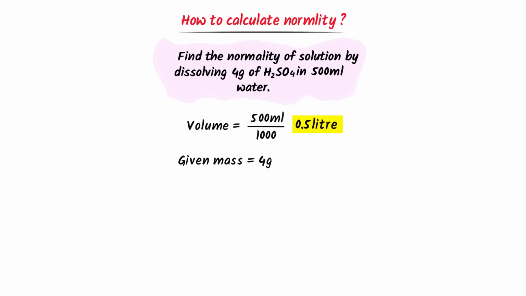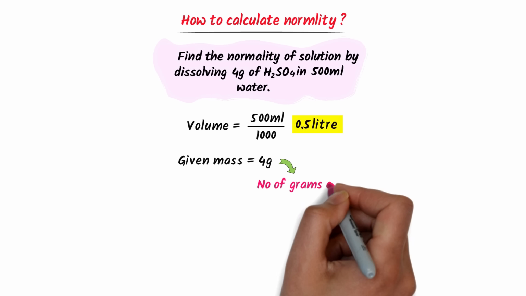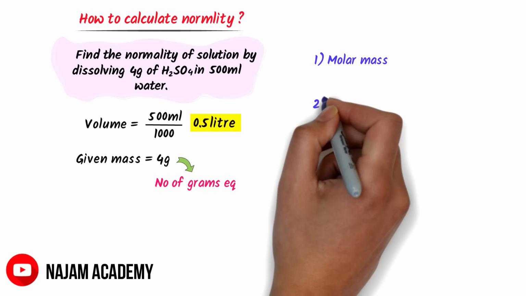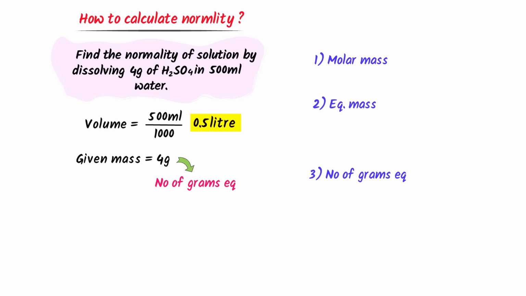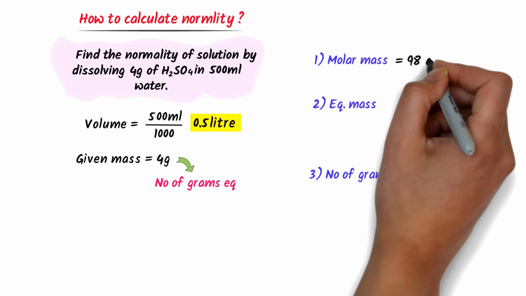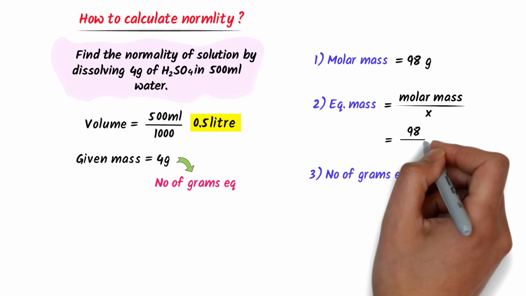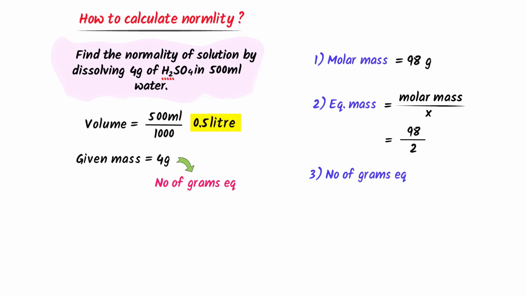Now we need to convert this 4 gram to number of grams equivalent of solute. To do so, we follow 3 steps which we have already learned in the previous slide. We know that the molar mass of H2SO4 is 98 gram. Here, to calculate equivalent mass, we divide molar mass by X. Here, the molar mass is 98 gram and the value of X is 2 because there are 2 hydrogen ions.